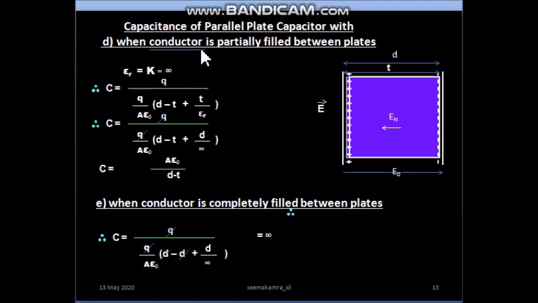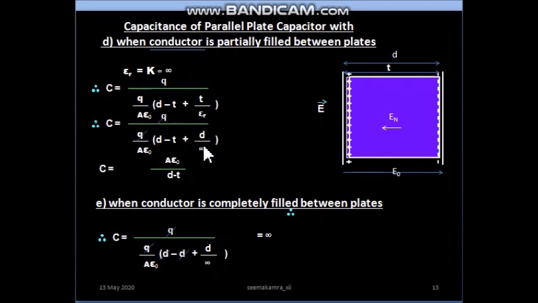One very important parameter about the conductor is that its dielectric constant, the capital K value, is infinite. So in the formula obtained for the capacitance of the partially filled dielectric, we put epsilon r infinite. Whenever a conductor is asked, put epsilon r as infinite and get the answer.